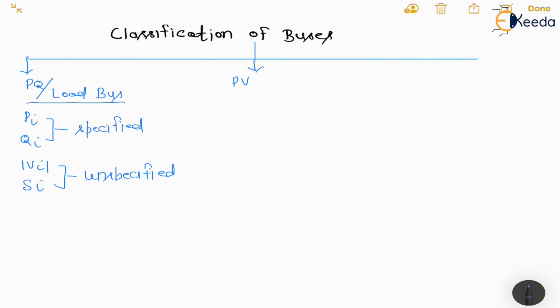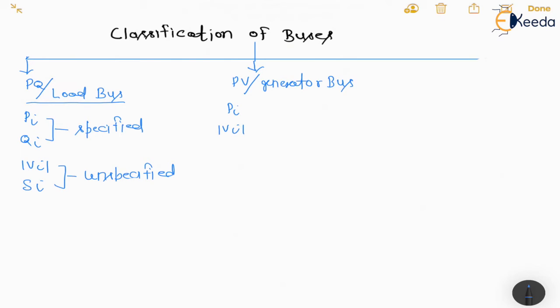So now coming to the PV oblique generator bus. For better understanding, I am taking one isolated power system, meaning one generation and one load demand. For the PV bus, first I am writing the necessary condition.